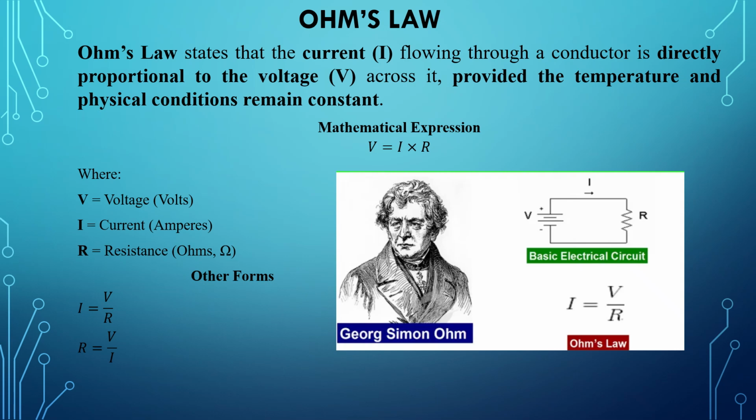When your water pressure increases, as I already said, water pressure is related with voltage. So when the water pressure increases, if it is a higher voltage, then there will be more current flow, that is higher current. There is more current flow when your pipe is wider. When your pipe is wider, your resistance will be less.